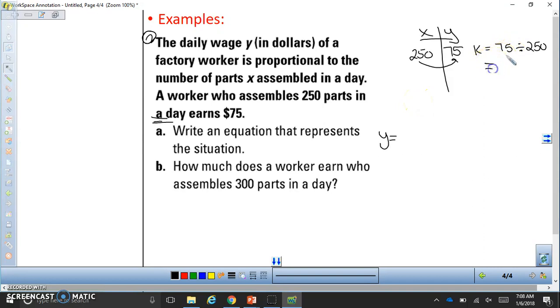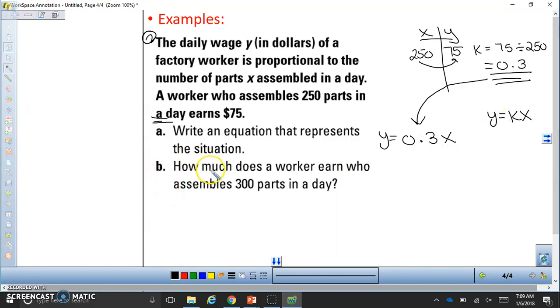Remember, first number goes in the calculator, divided by the second number, which is 0.3. This is what we needed to know. 250 times 0.3 is 75. So 0.3x fills in that skeleton equation of y equals kx.